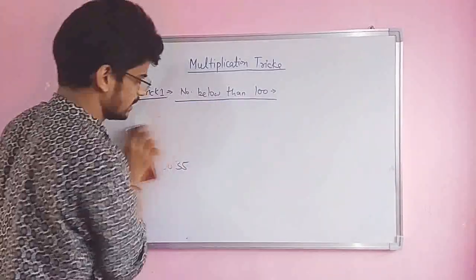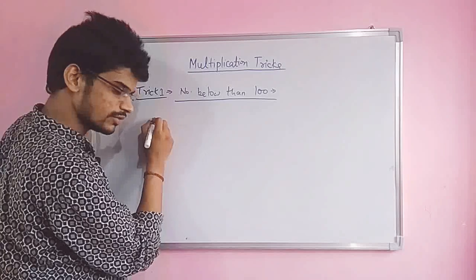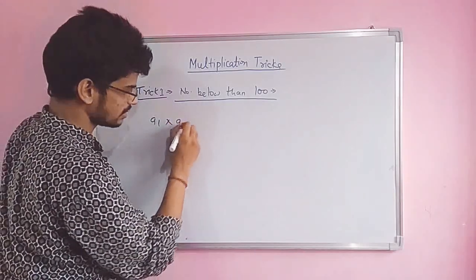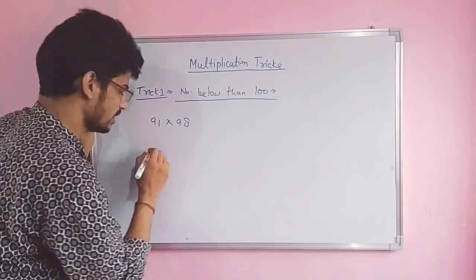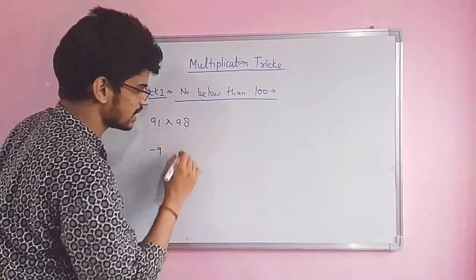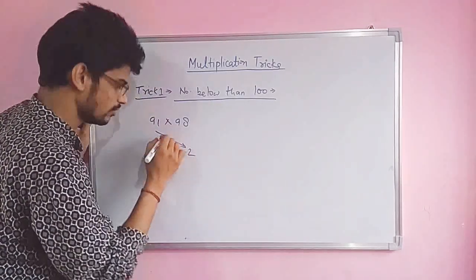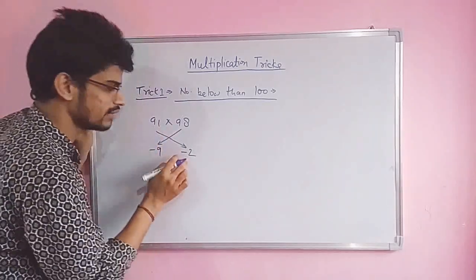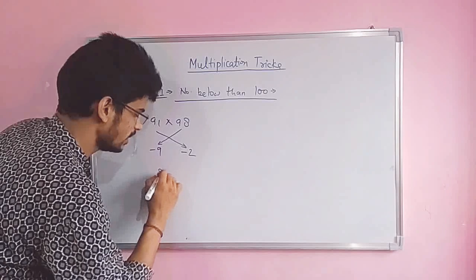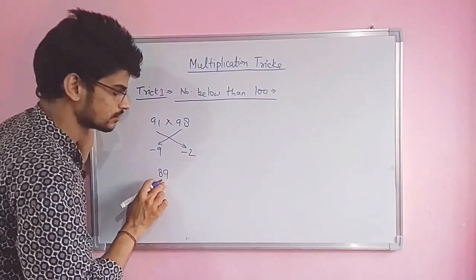Next, if we calculate the multiplication of 91 multiplied by 98, how much is each lesser than 100? It is lesser than 100 by 9 and lesser than 100 by 2. Now subtract the values diagonally from each number: 91 minus 2 is 89, and 98 minus 9 is 89 also.